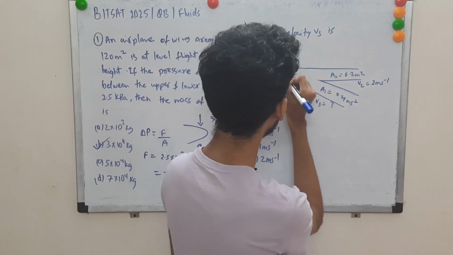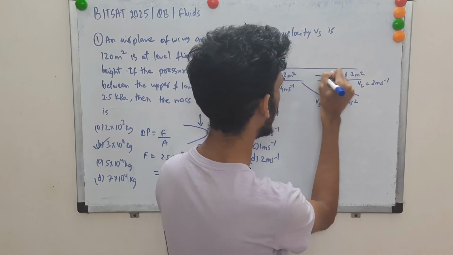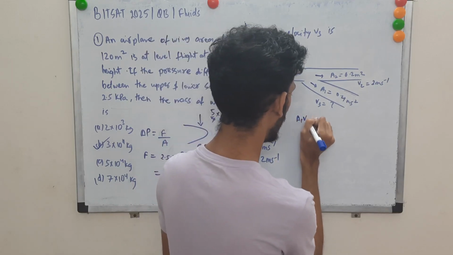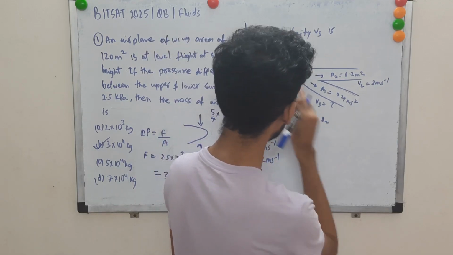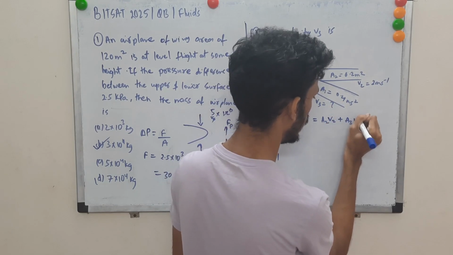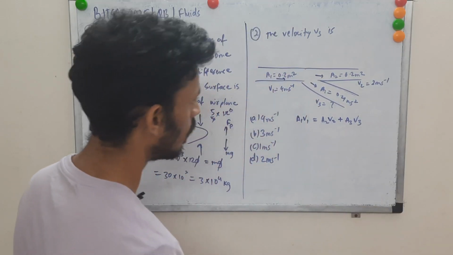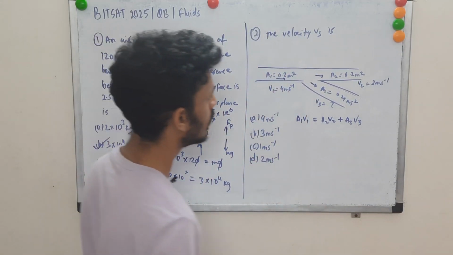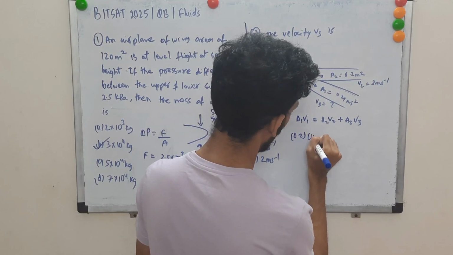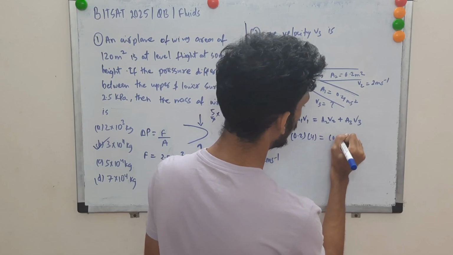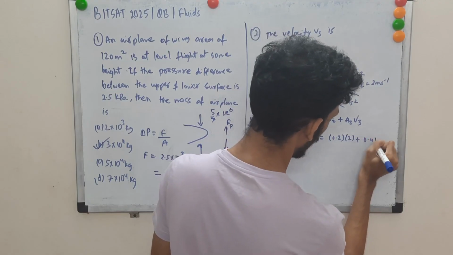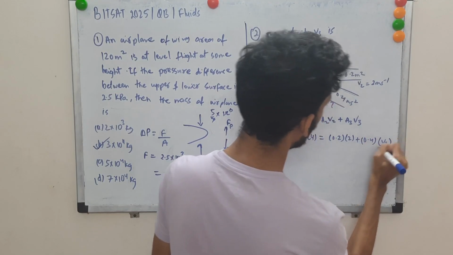The liquid is flowing and splitting, so a1 v1 is equal to a2 v2 plus a3 v3. Now we can find v3 since we have all the other variables: a1 is 0.2, v1 is 4, a2 is 0.2, v2 is 2, a3 is 0.4.